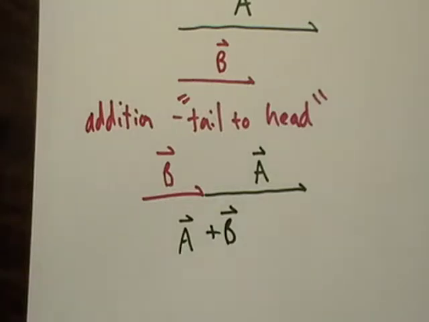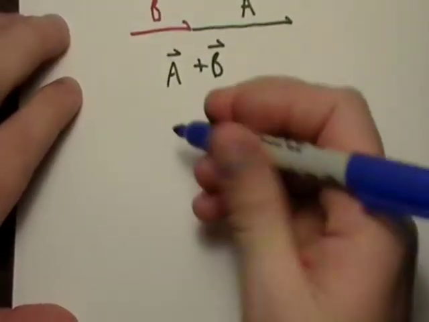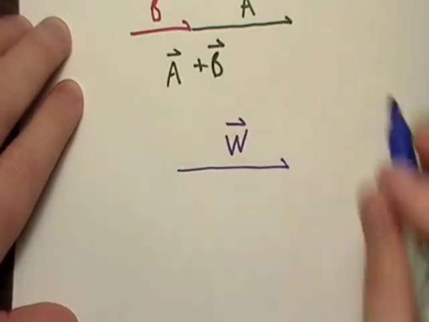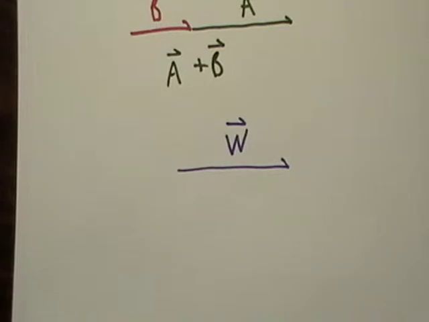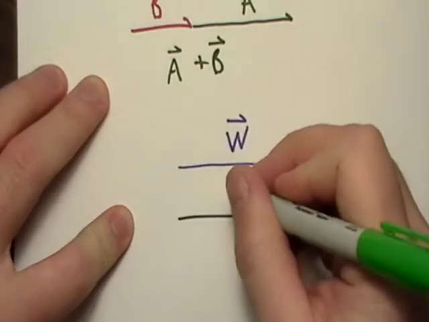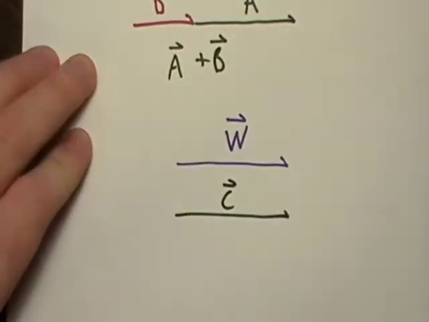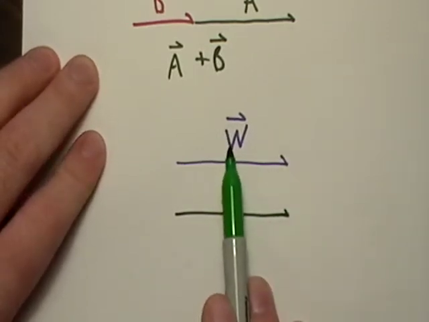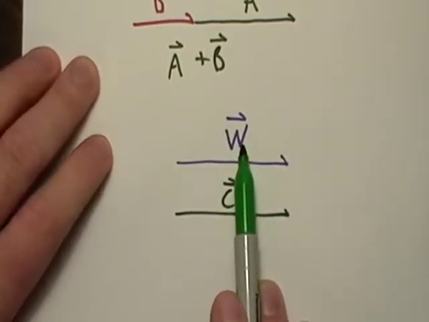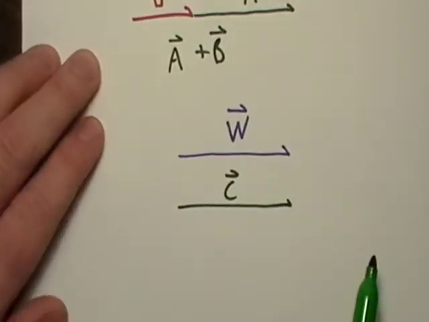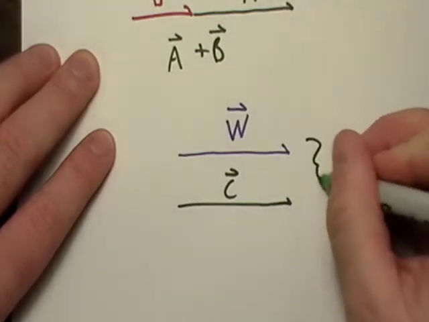Another little remark I have is that, say I have vector W and I have vector C. Well, let's say the magnitude of W and C are the same, and they're both pointed in the same direction.